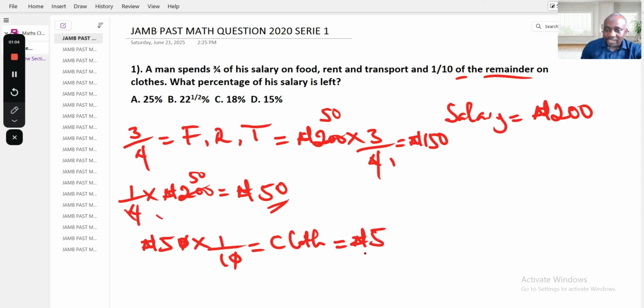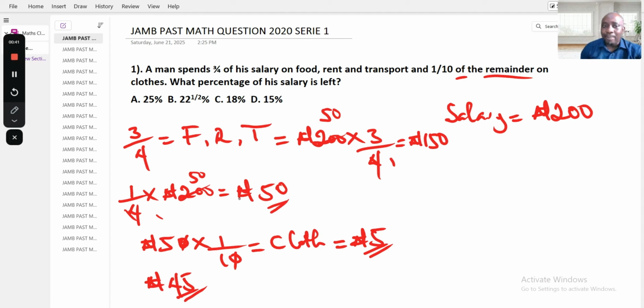It means the man spent 5 naira on clothes. Therefore, how much is going to remain? When you remove 5 naira out of the 50 naira, the total money that remains with him is 45 naira.